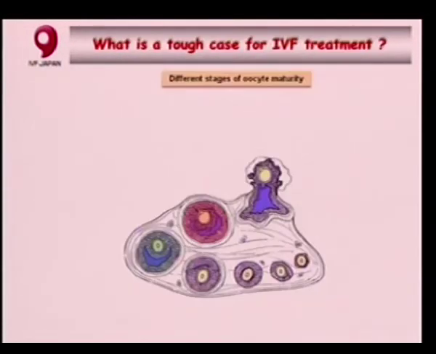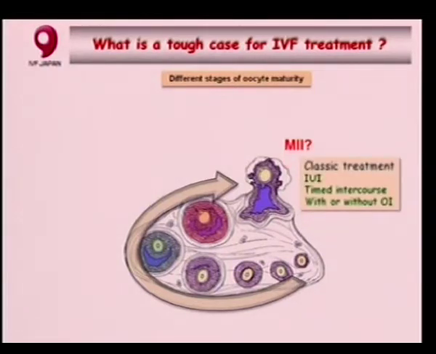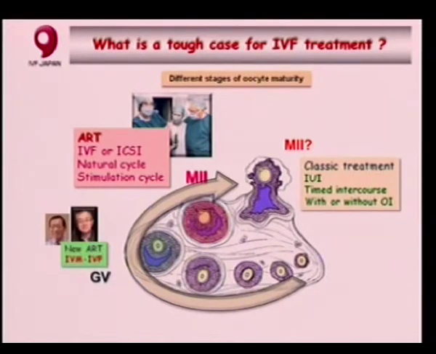So, clinical application. Usually, follicular development goes the clockwise way, and we use an M2 oocyte for classical treatment. But we cannot see whether it's really metaphase 2 or not. When Dr. Edwards and Steptoe developed ART, we could see the mature oocyte under the microscope. Then, as Professor Ellen Bogan already told, in 91 Dr. Cha started IVM, and Trounson used IVM clinically.